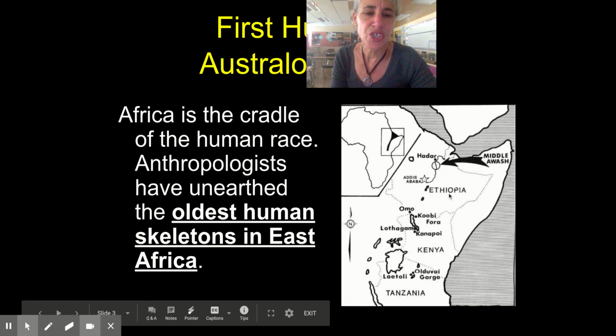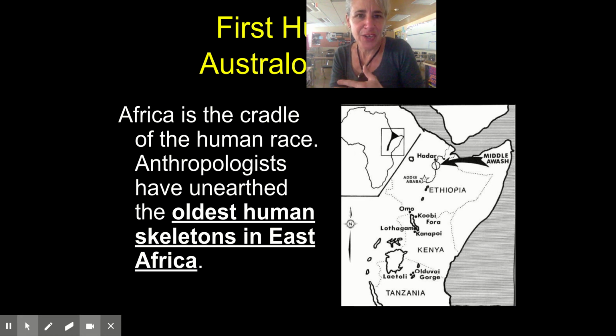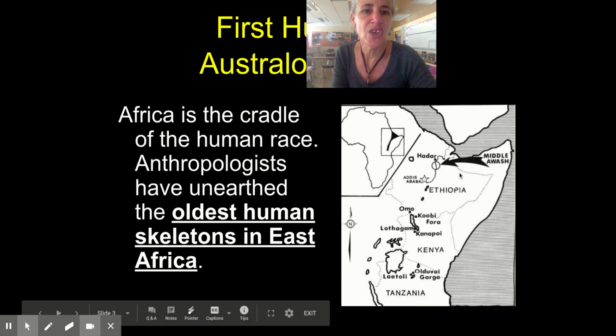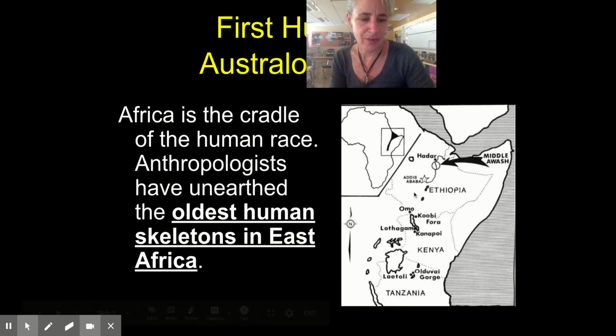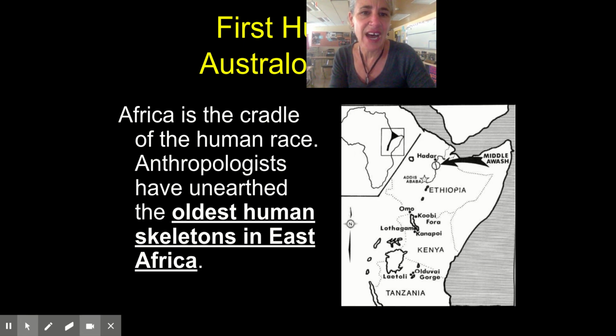The oldest humans that have been found are right out of this ridge. And remember, the planet was so different back then. It goes through several ice ages. And then you have what we have today. So this whole area, even though it's desert today, it was tropical for a long time. So there's a lot of different changes within the Earth.